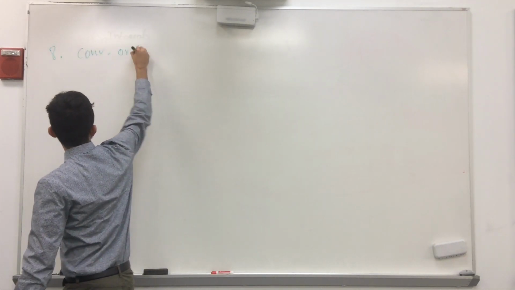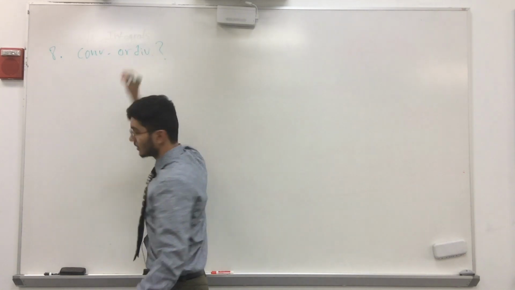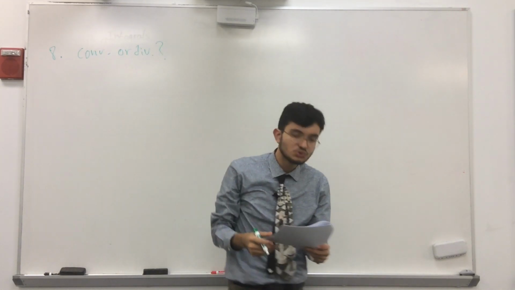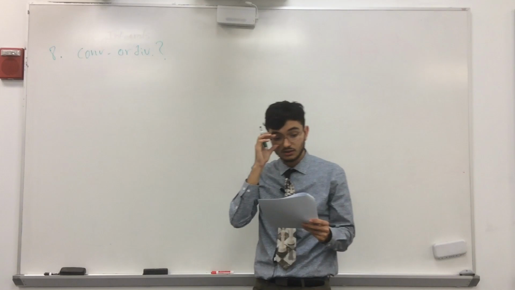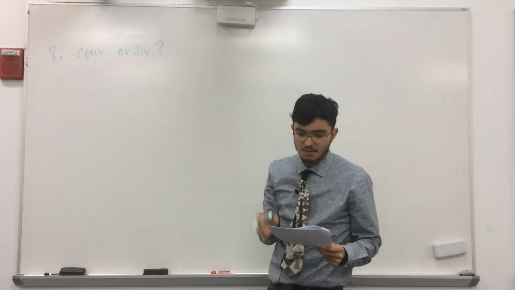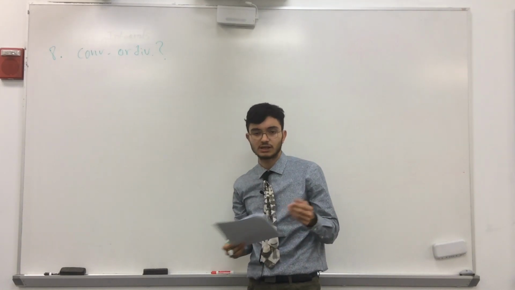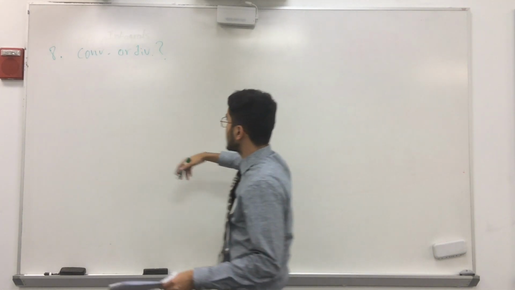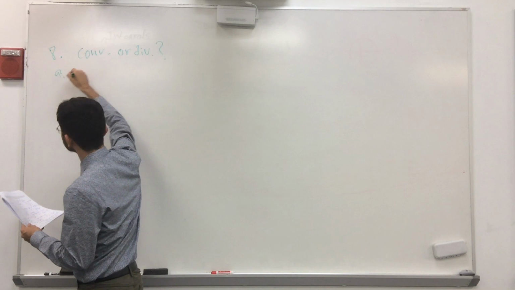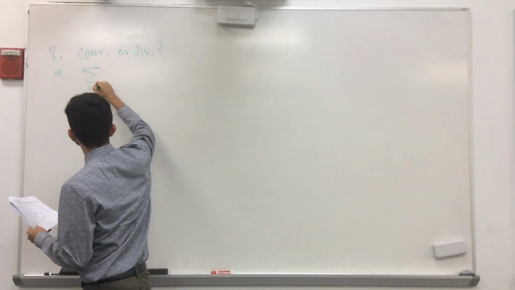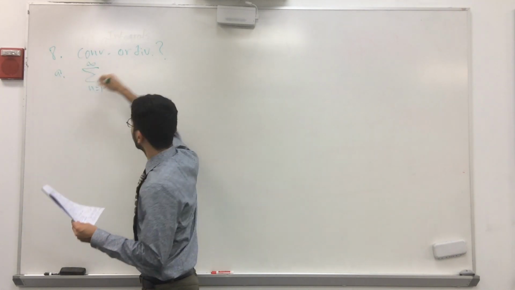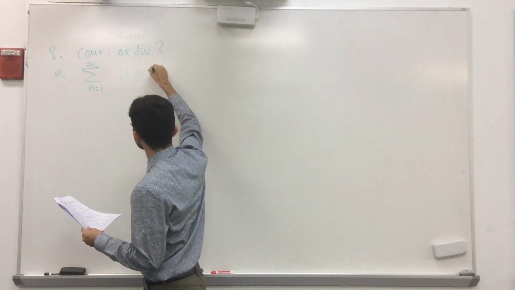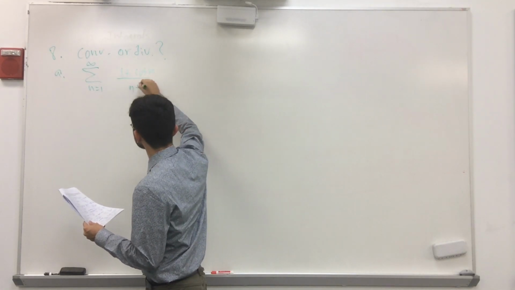If you use a convergence or divergence test, please state which test you're using and show the work associated with applying the test in proper mathematical form. For part A, we got the sum from n equals 1 to infinity of 1 plus cosine of n divided by n plus n squared.